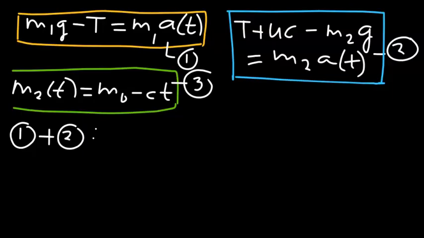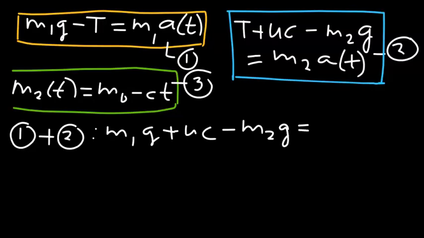So the left-hand side would become m1g plus uc minus m2g. And the right-hand side is m1a plus m2a, where we know a is a function of time, m2 is a function of time given by that expression.